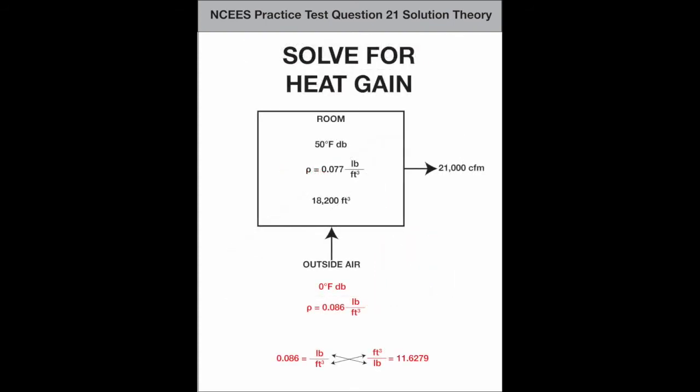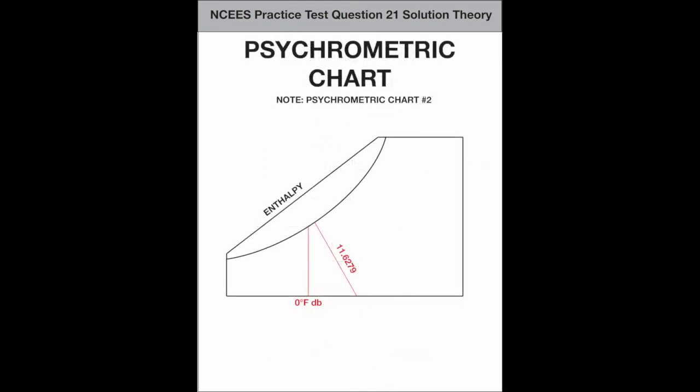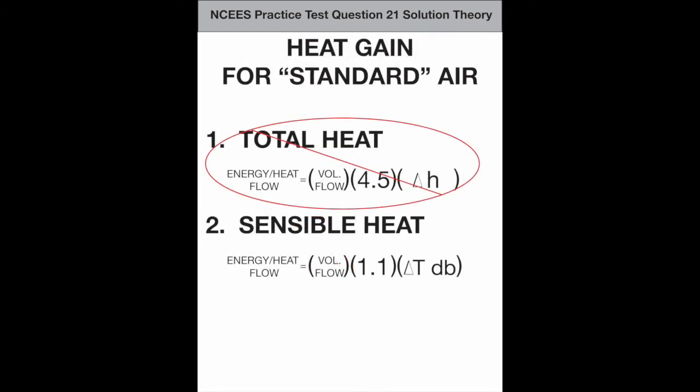At 0 degrees and 0.086, the volume is 11.6279. The intersection of 0 degrees dry bulb and 11.6279 is an enthalpy of, oh wait, that doesn't exist. So therefore you must be solving for sensible heat gain.